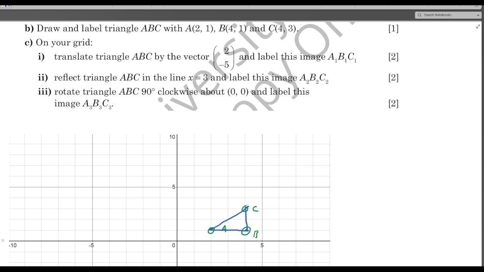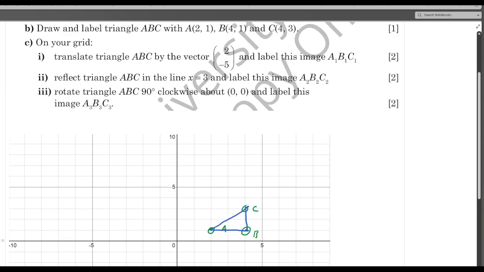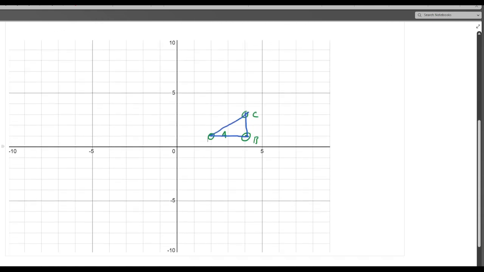Now translate triangle ABC by a vector of (2, -5). 2, -5 means horizontally on the right side I will go by 2 units and vertically I will go down by 5 units. So here 1 2 right and then 1 2 3 4 5, 5 units down.